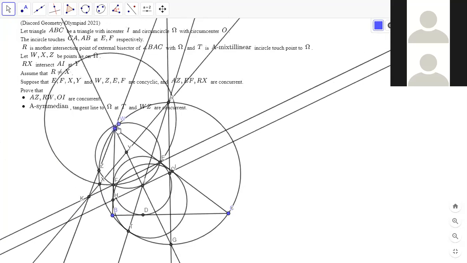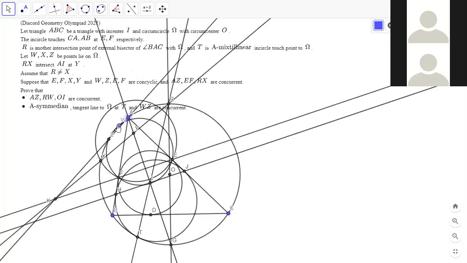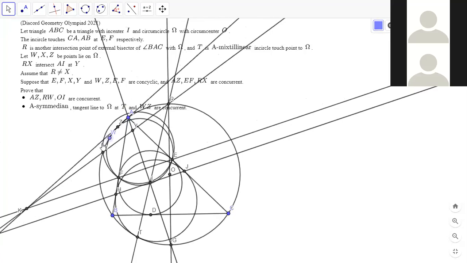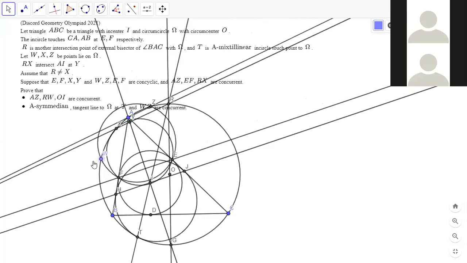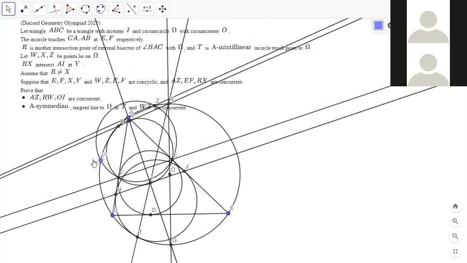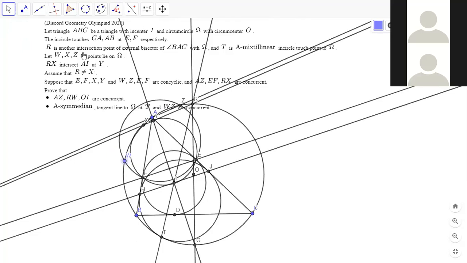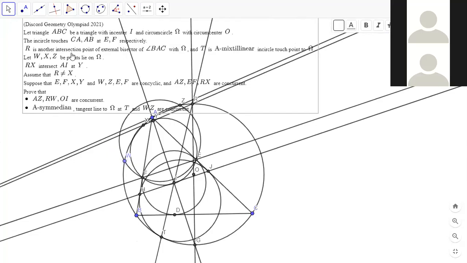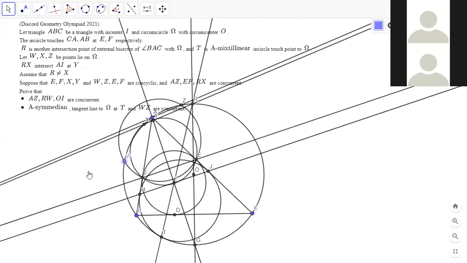Now can you move W? Only W. Yeah, they are too close to A. It has to be, I guess. Yeah, that might be the only way to do it.